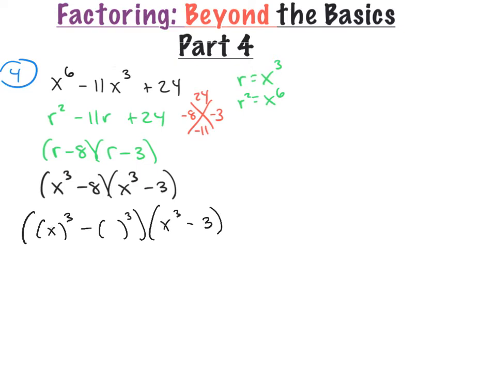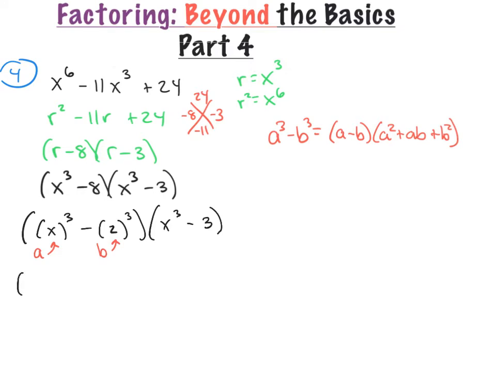So x to the third gives us x cubed, and 2 cubed gives us 8. So the a in that formula is x, and the b is 2. And if you remember the formula for the difference of cubes, it went a cubed minus b cubed equals a minus b times a squared plus ab plus b squared.